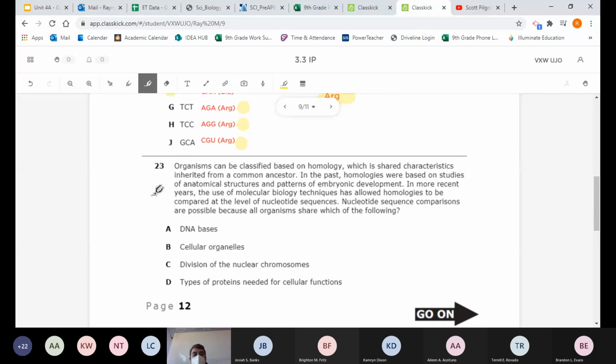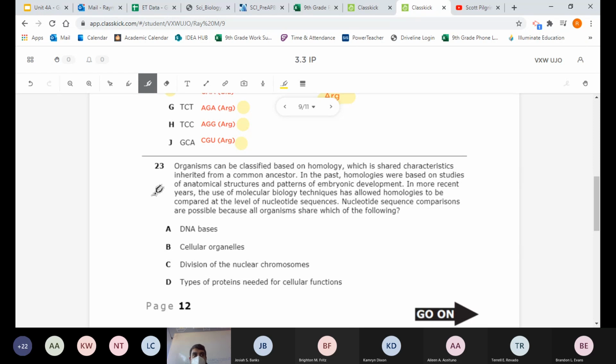Okay, organisms can be classified based on homology, which is shared characteristics inherited from a common ancestor. In the past, homologies were based on studies of anatomical structures and patterns of embryonic development. In more recent years, the use of molecular biology techniques has allowed homologies to be compared at the level of nucleotide sequences.